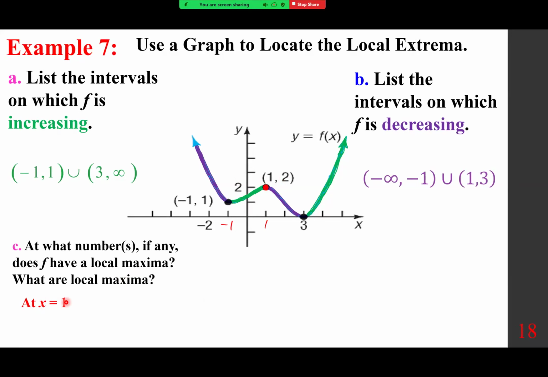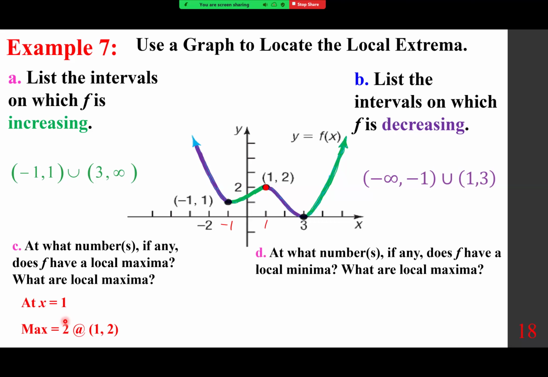If they're asking at what point precisely and they just want the x coordinate, it is x equals 1, but normally they want the pair. You're going to say maximum is equal to 2 at the pair 1, 2. It depends how they ask you. They may want the x, they may want both coordinates, but if they ask what are local maxima, they are asking for the y value.